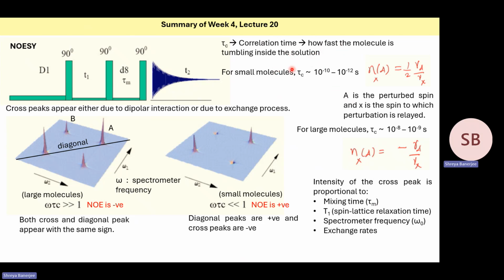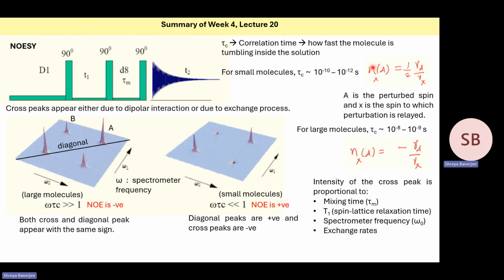For small molecules, tau c is of the order of 10 to the power minus 10 to 10 to the power minus 12 seconds. And for large molecules, tau c is larger because a large molecule will take longer time to move about. So it is of the order of 10 to the power minus 8 to 10 to the power minus 9 seconds. We also discussed how NOE can be measured.